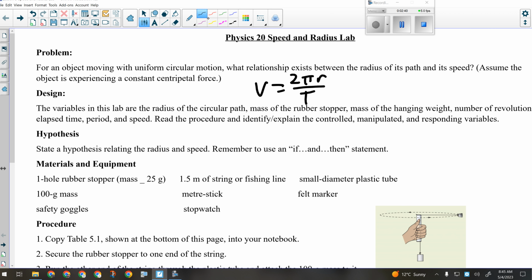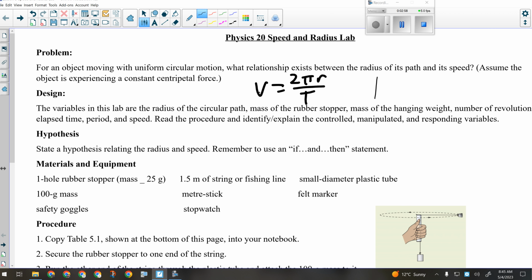So we've got this. We know that we're looking for the effect on this, so that's not controlled. We know this is changing, so that's not controlled. We know that we're changing this one, so that's not controlled. But what are some other things that might affect V?